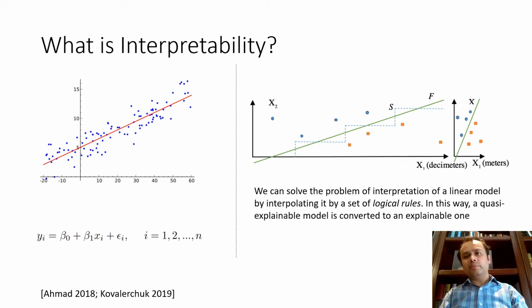One prime way of doing that is by interpolating and converting that into a set of logical rules. The visual on the right gives an example of how that can be done. And of course, if you have a very complex model with a large number of factors and different types of decision boundaries, then you can come up with a very complex model.